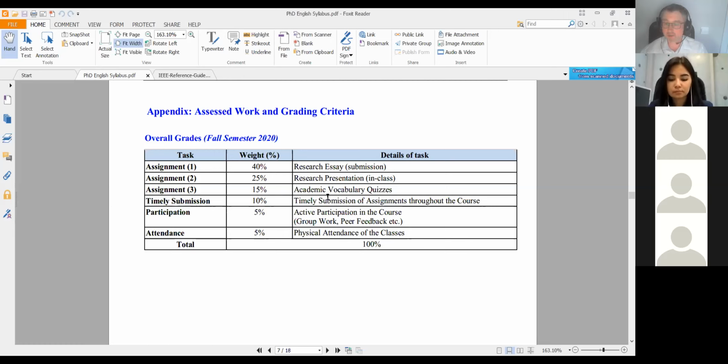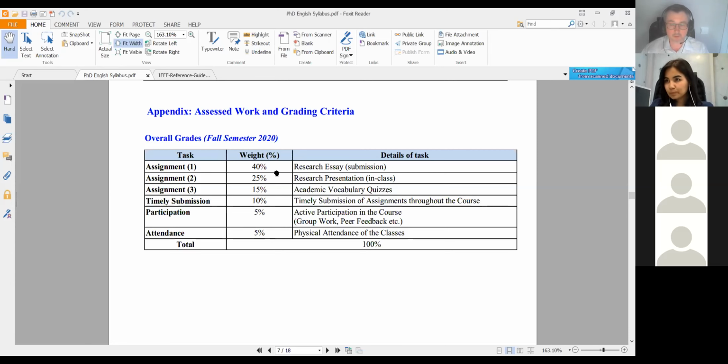And the easiest 5% will come from the physical, well, not physical, but, if I may say, remote attendance of the class. Now, those are the grades, and this is a very brief overview of what we're going to do.